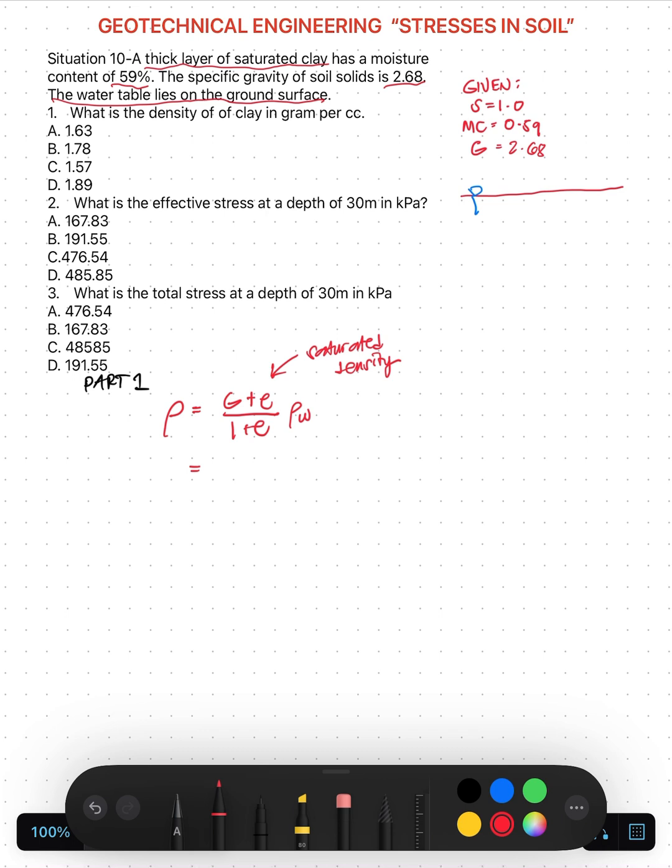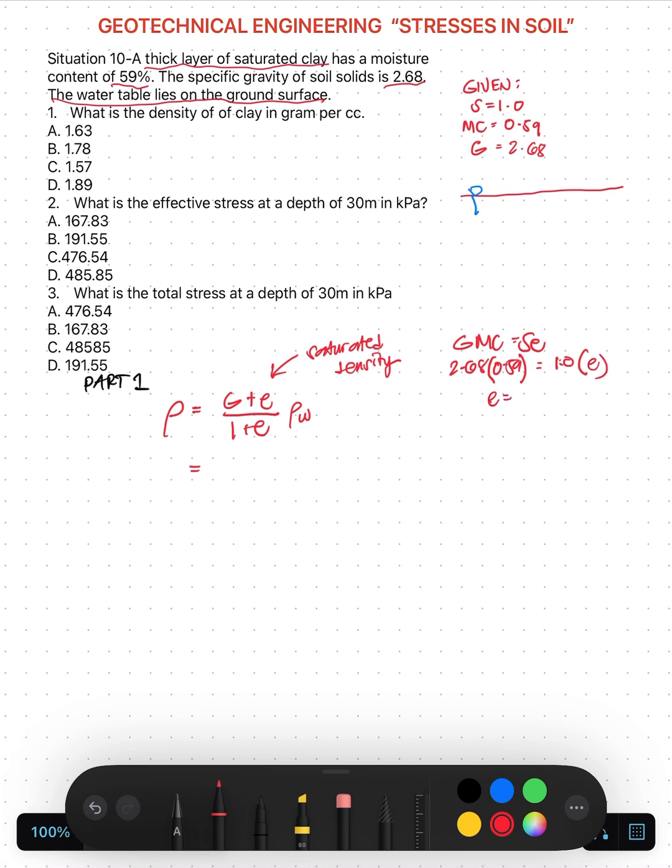From our relationship between G, w, S and e, we have G is equal to 2.68, w is 0.59, S is 1.0, e is unknown.